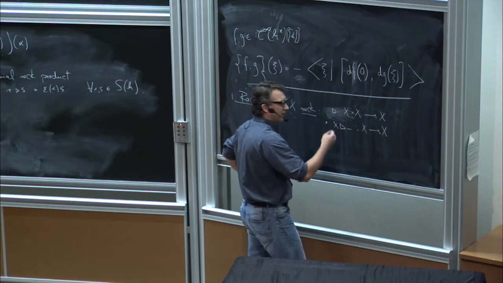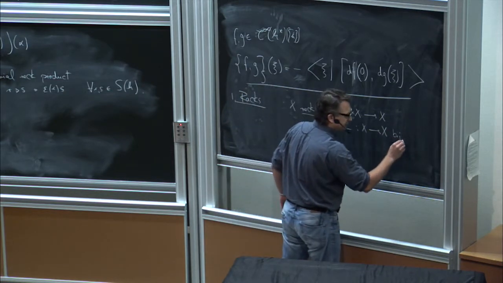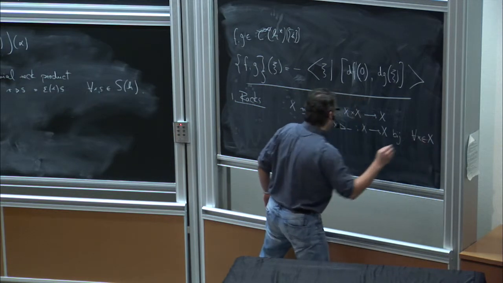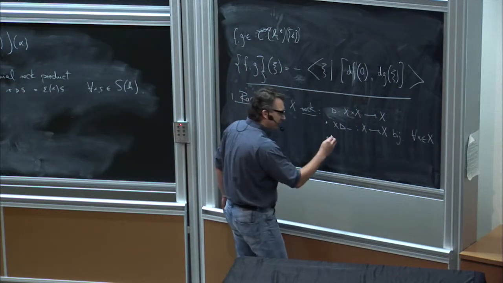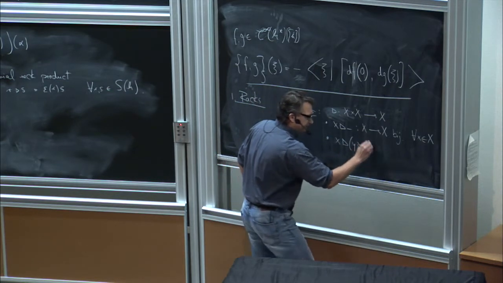these rack multiplications with an element x are bijective, and you have the self-distributivity property.